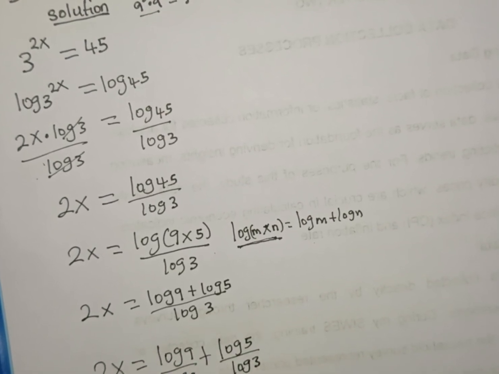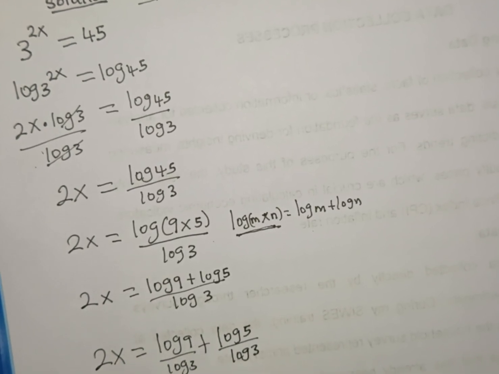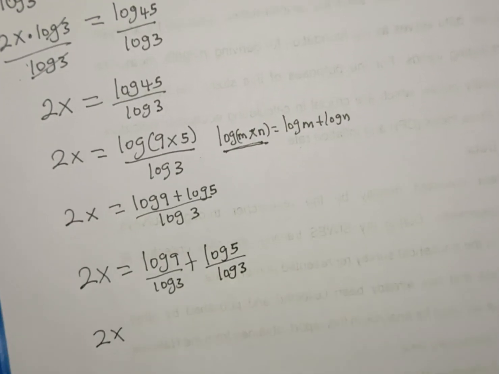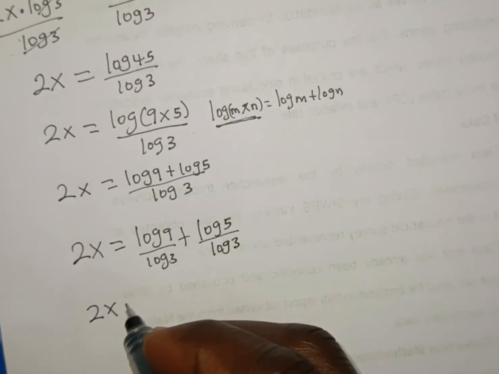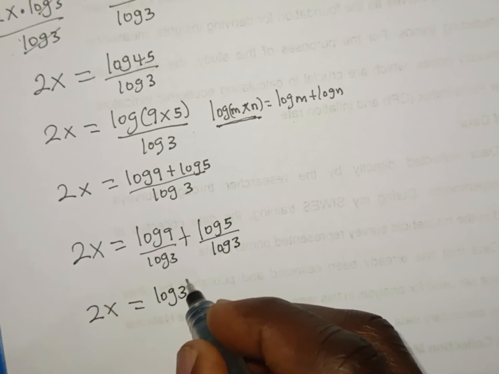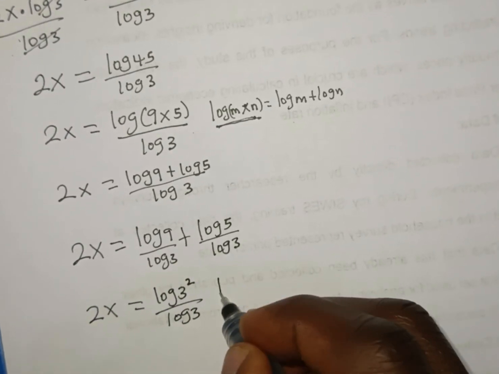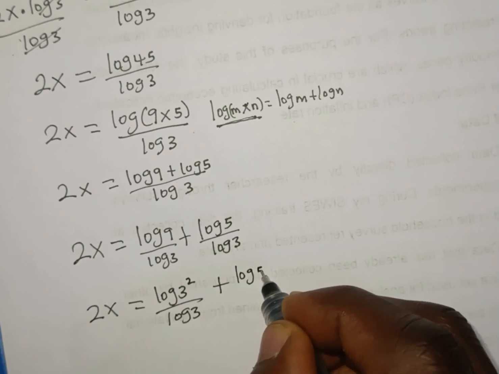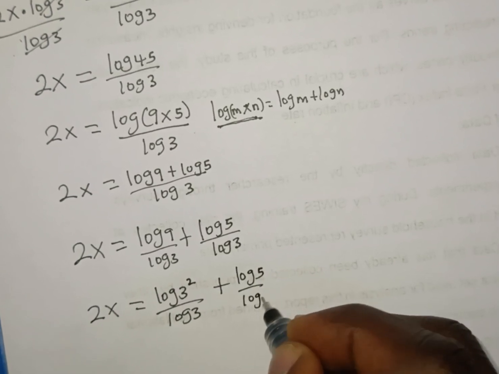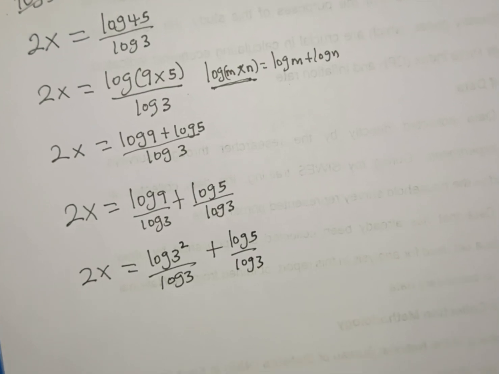So the next thing we're going to do is to also break this 9 as 3 raised to the power of 2. So we're going to have 2x, which is going to be equal to log of, in place of 9, we're going to replace 3 raised to the power of 2, then all over log of 3, then plus log of 5 over log of 3. So now we're going to still recall the power property of logarithm.